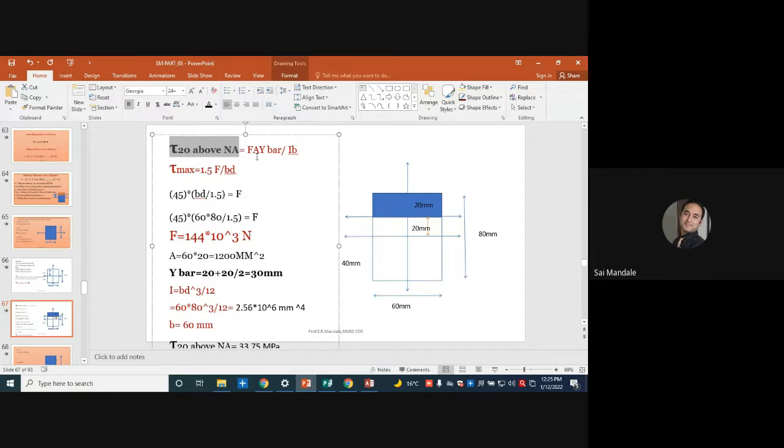All the values are given to you: F is there, A is there, Y bar is there, I is there, B is there. Calculate the things and tell me the answer for the shear stress induced 20 mm above NA. Meanwhile, if anybody has any doubt, you may ask.